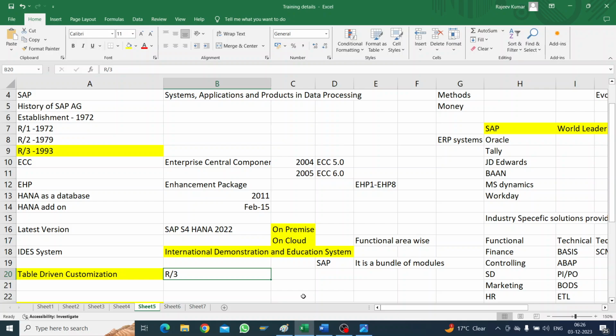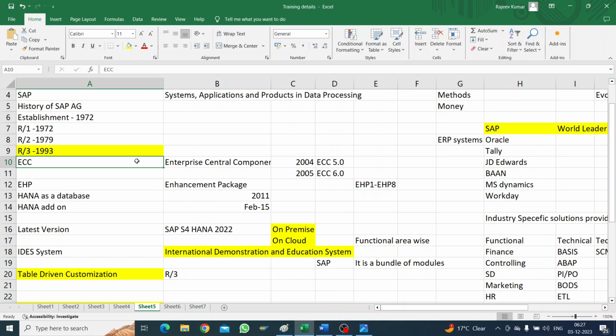Now one last and very important thing: in S4 HANA you have two options available. In ECC you had only one option; you always have to go on premise. On premise means the entire infrastructure setup to run the SAP system will be borne by the company operating it.